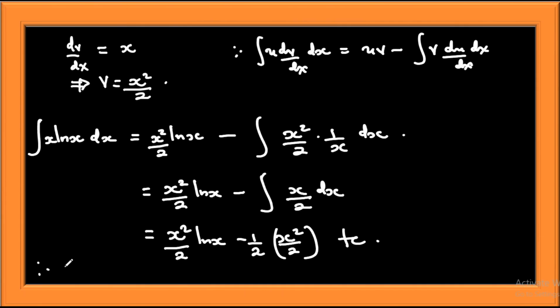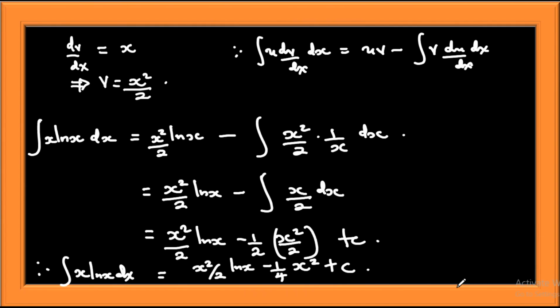That means we can conclude that our integral of x natural log of x dx is actually equal to x squared out of 2 natural log of x, I can say minus a quarter x squared, and then plus a constant of integration. And that is our answer for that particular question.